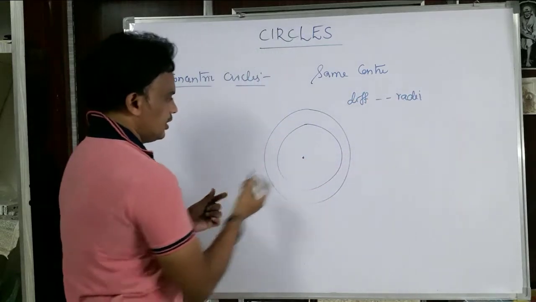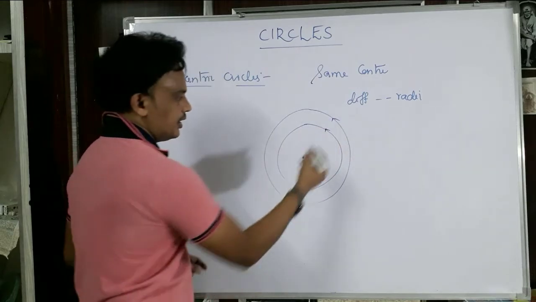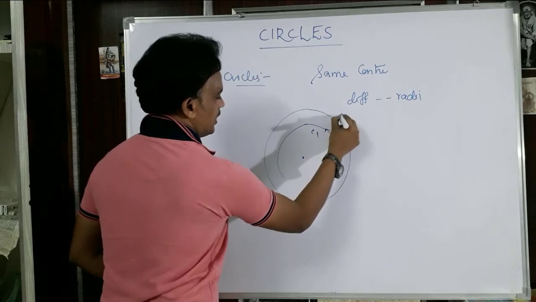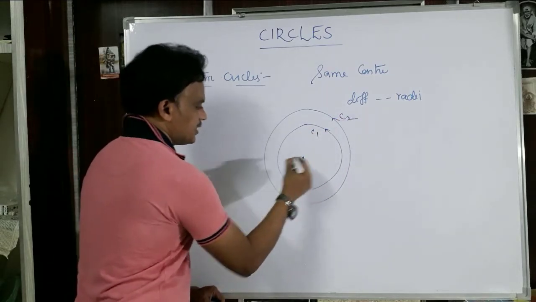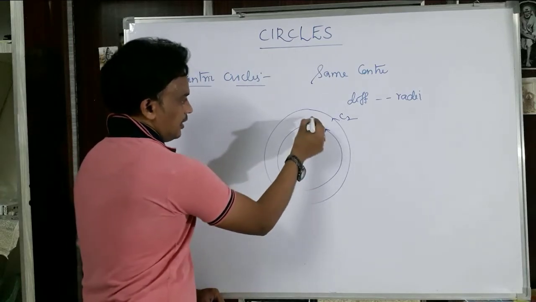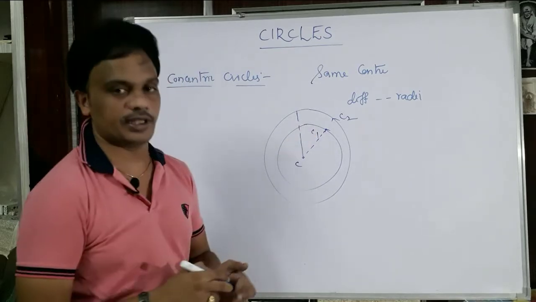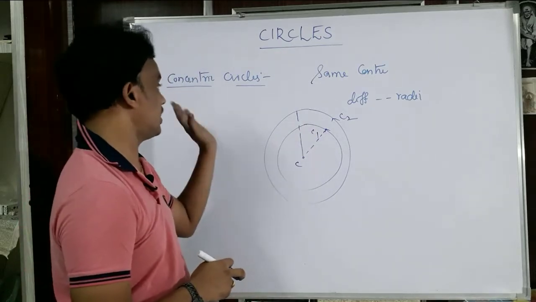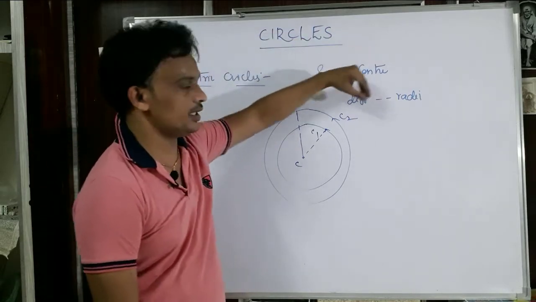Two circles are said to be concentric circles if they have the same center with different radii. Let us take these two circles, C1 and C2, both having the center C but different radii, say R1 and R2. So here the radii are different.